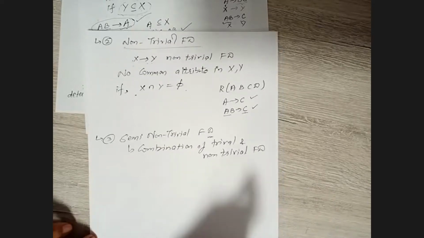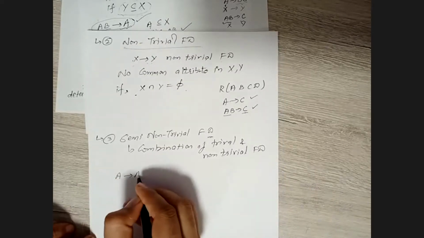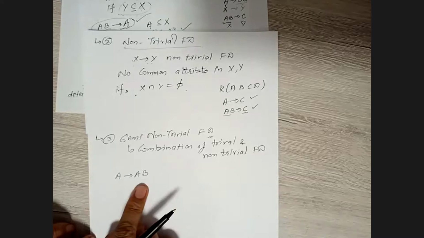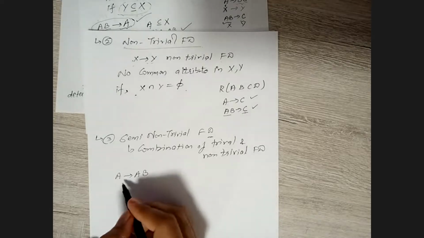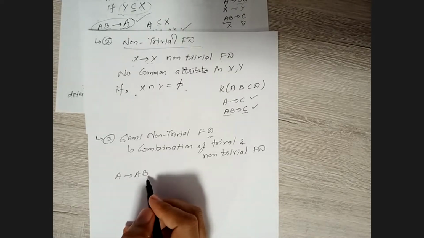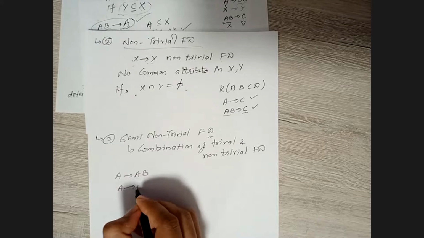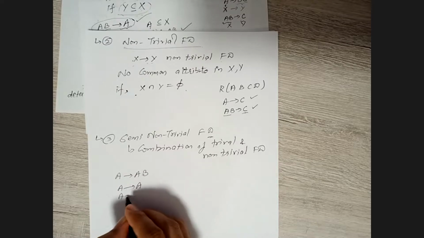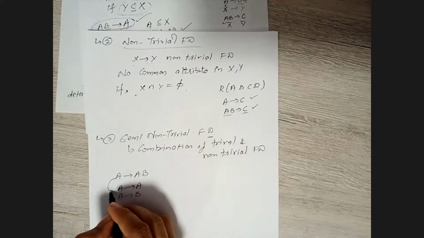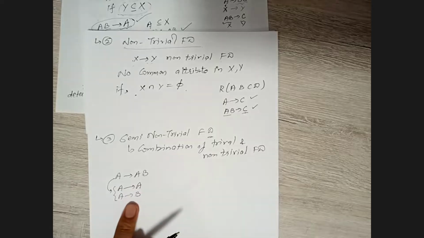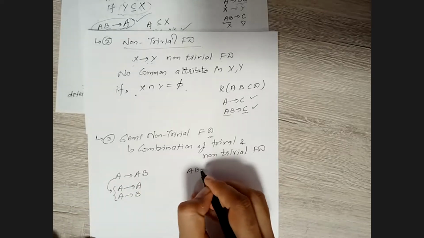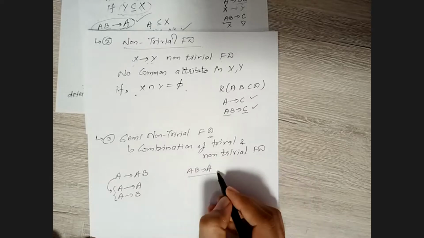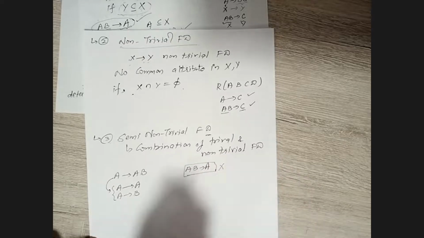For example, A determines AB. We will understand that in the next topic, Armstrong's axioms. We can split this functional dependency: A determines A and A determines B. But this is not the scenario with AB determines A. We cannot do that. We'll understand conceptually why.